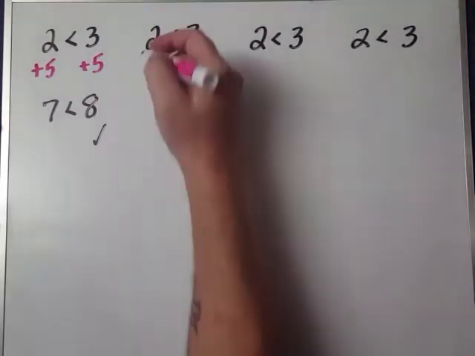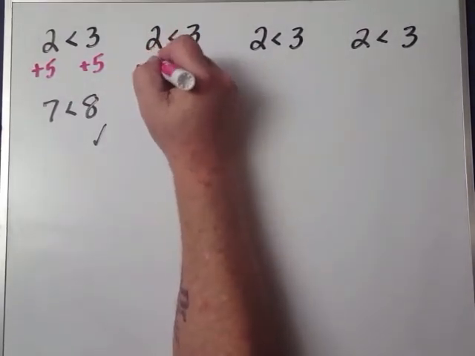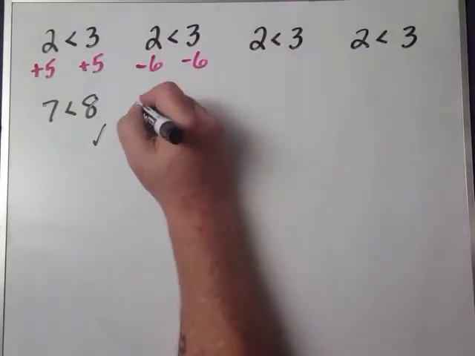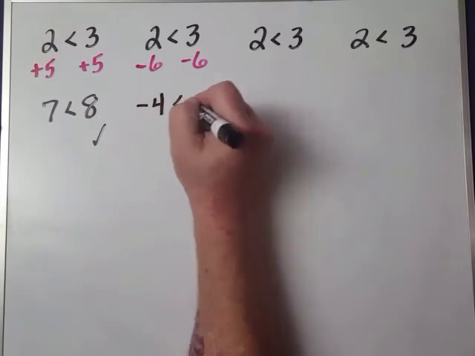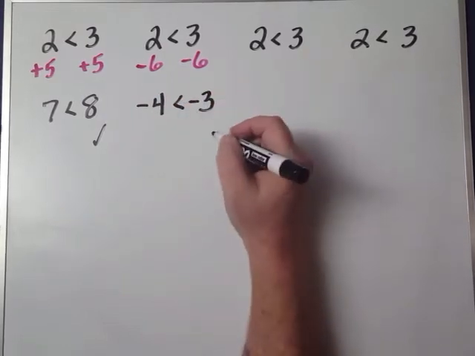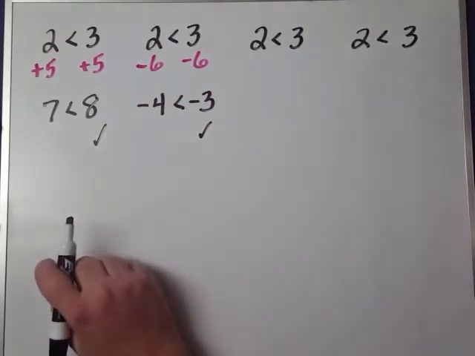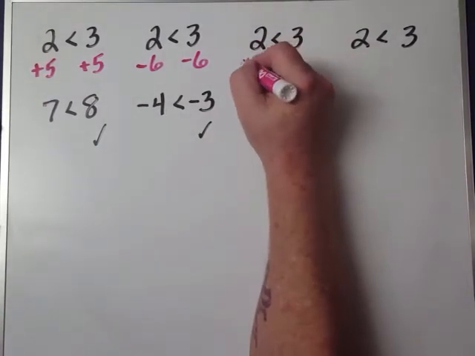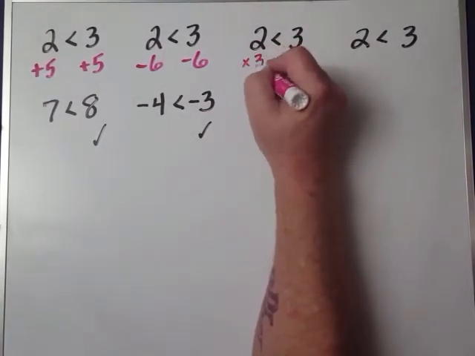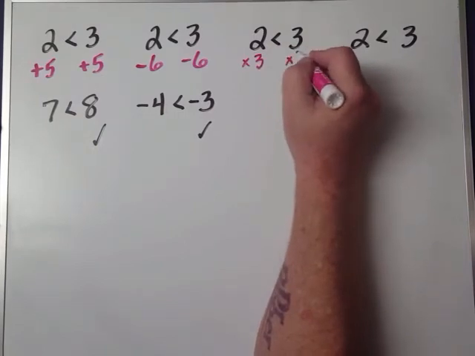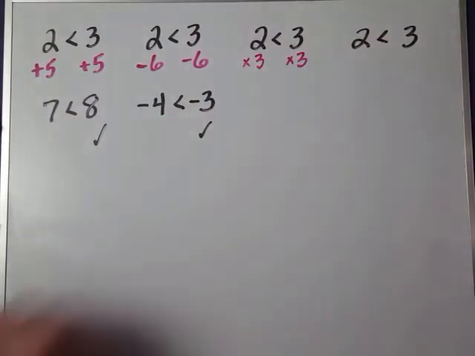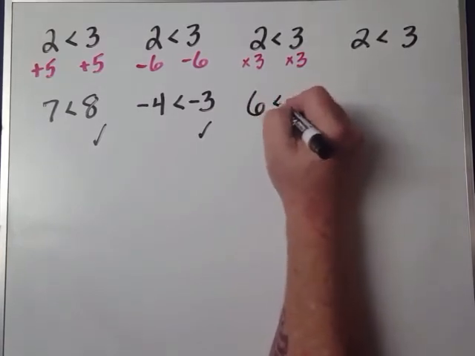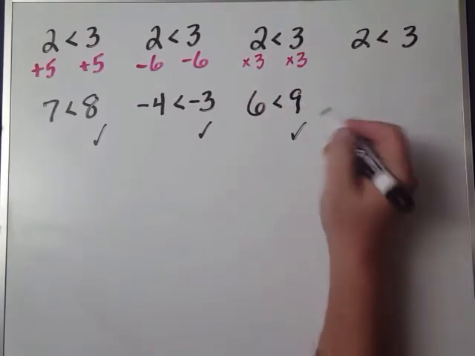If I subtract the same amount from both sides, let's subtract 6 from both sides. That gives me -4 is less than -3. That's a true statement. If I multiply both sides, let's say I triple both sides, multiply both sides by 3, and that'll give me 6 is less than 9. That's true.